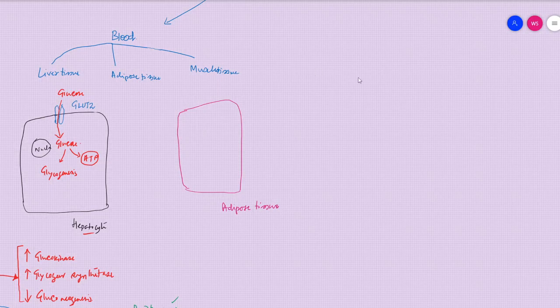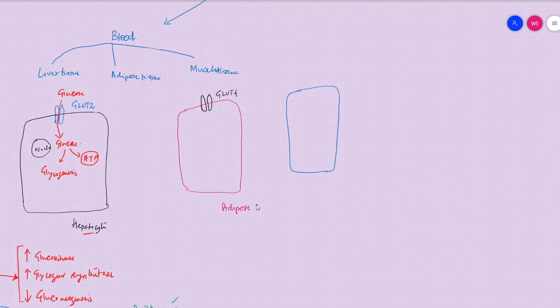So we said again, adipose tissue has got another type of transporter. Okay? So mind you, here it is GLUT2, whereas in adipose tissue it is GLUT4. Okay? And also in muscle tissues. Okay, so let's do our muscle tissue as well. It is an adipose cell, basically.